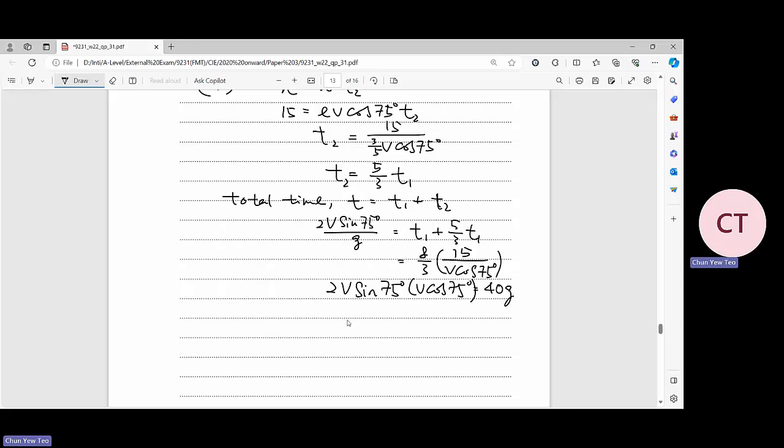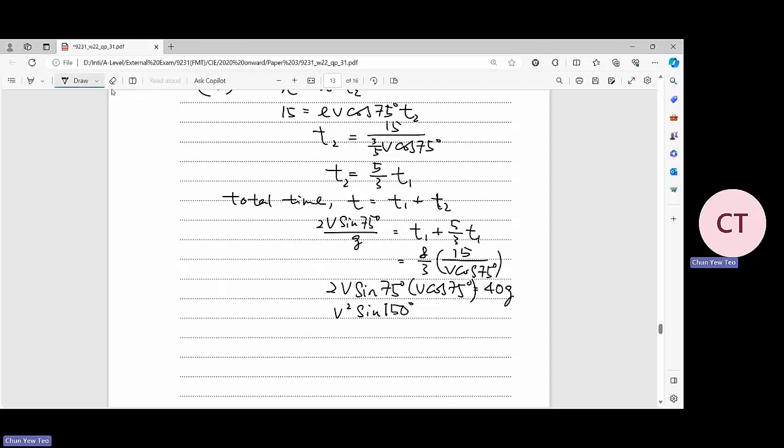And we know that we have V squared sine 150 degree. This is the double angle formula: 2 sine theta cos theta equal to sine 2 theta. So the 75 degree multiplied by 2, then you get 150 degree.